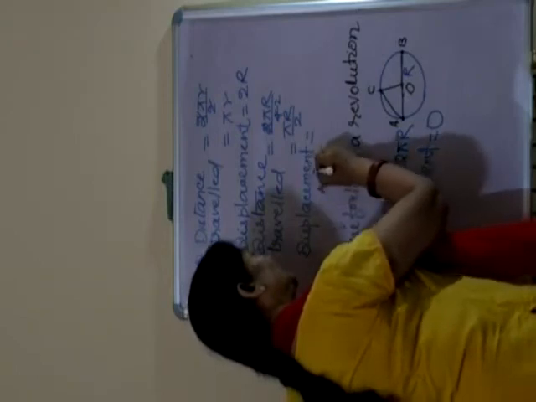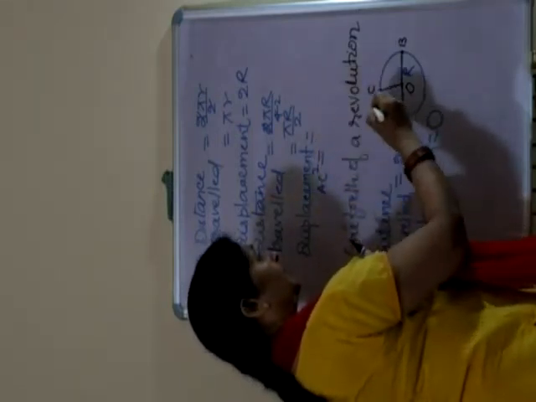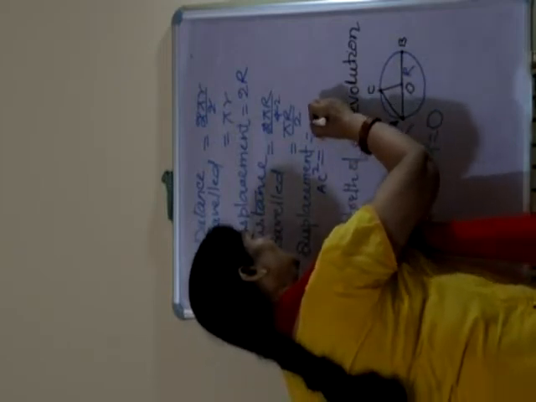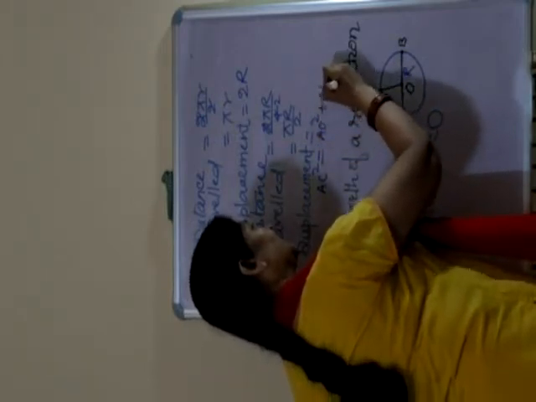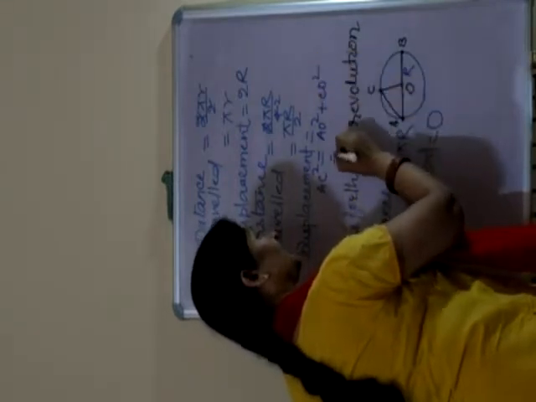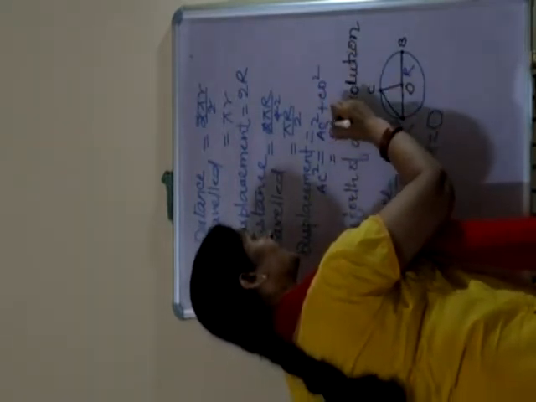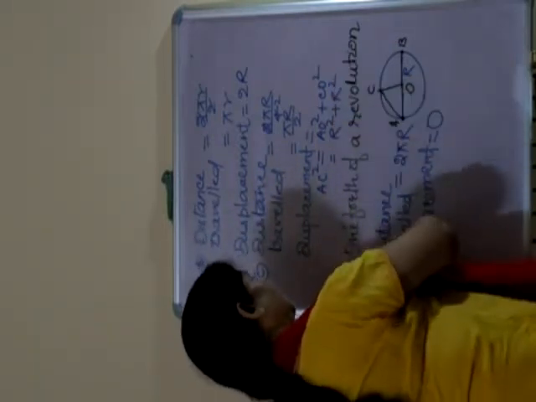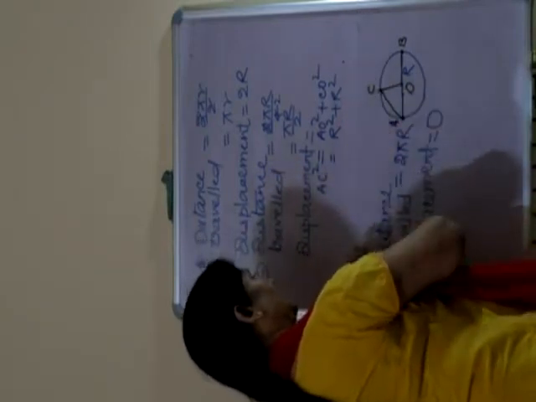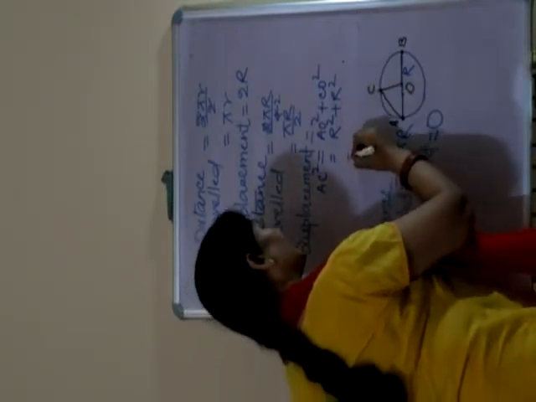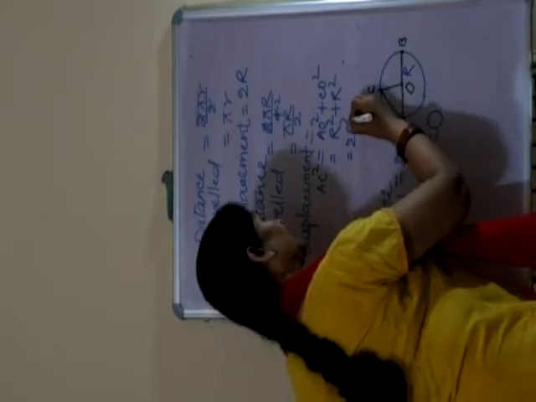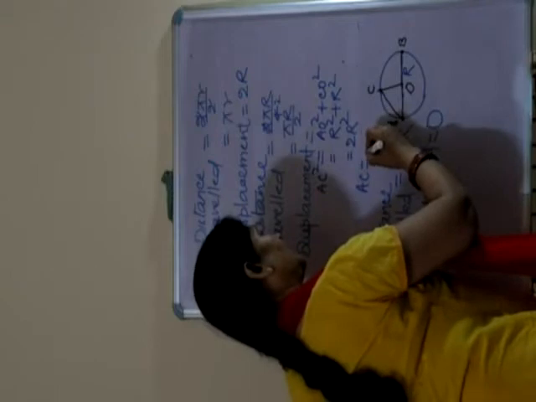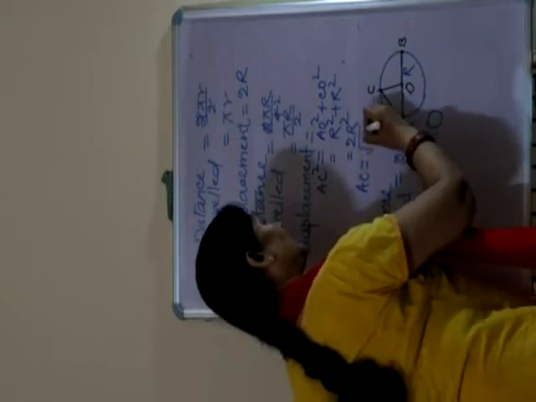AC square is equal to AO square plus CO square, r square plus r square, two r square, and finally AC is equal to root under 2r square.